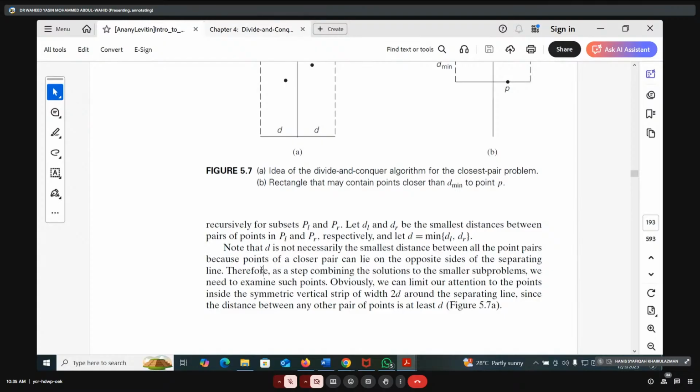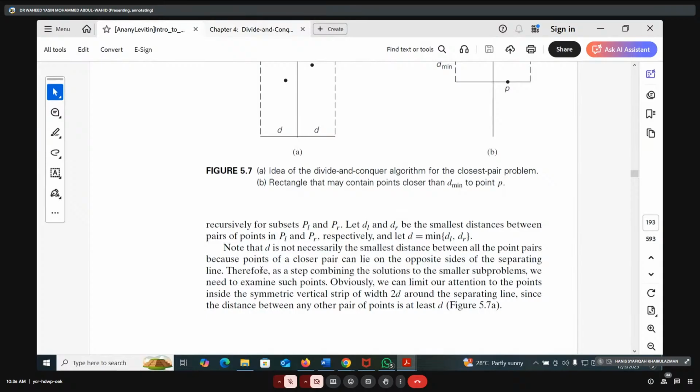Therefore, as a step of combining the solutions to the smaller subproblems, we need to examine such points.